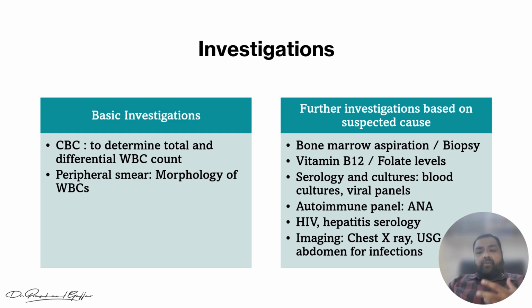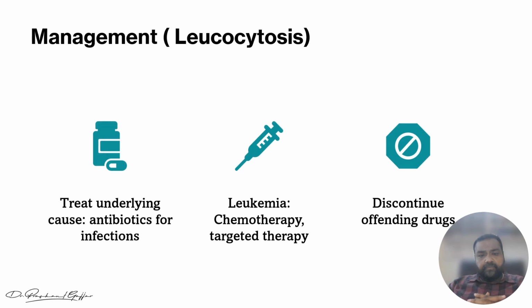Now let's see what is the management of the leukocytosis. So first, treat the underlying cause. If there is infection, give the appropriate antibiotics, with limited use of the antibiotics. Antibiotics are not to be given carelessly, right?